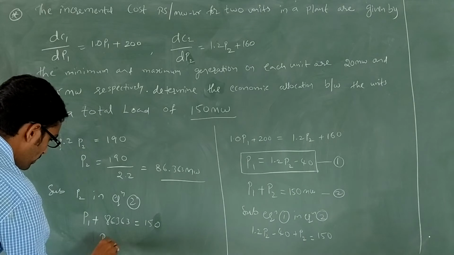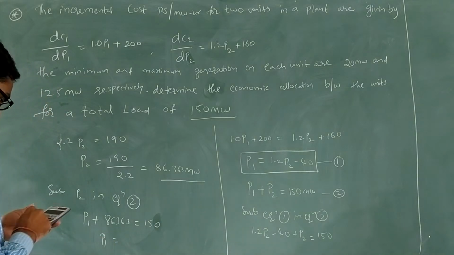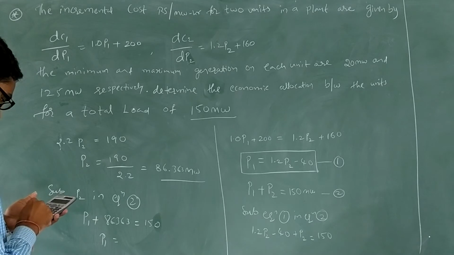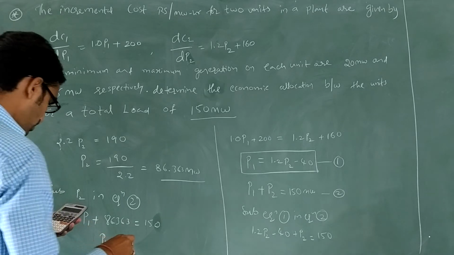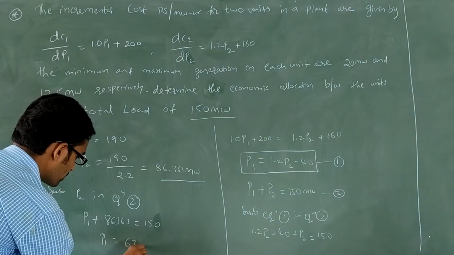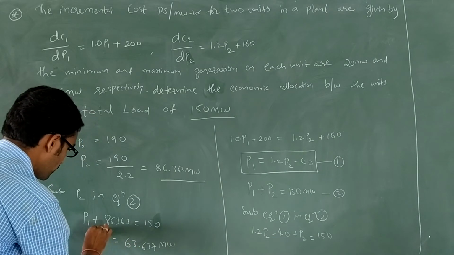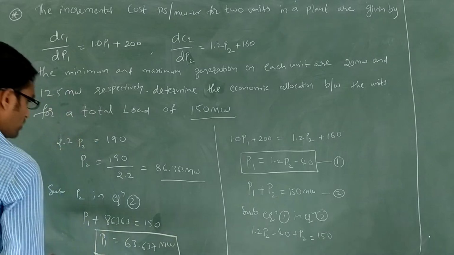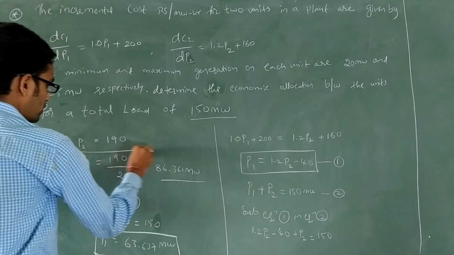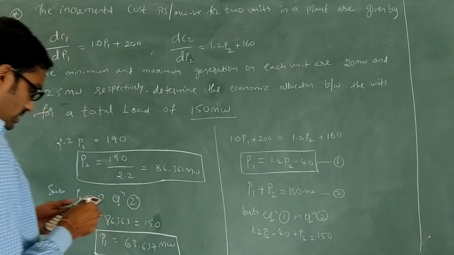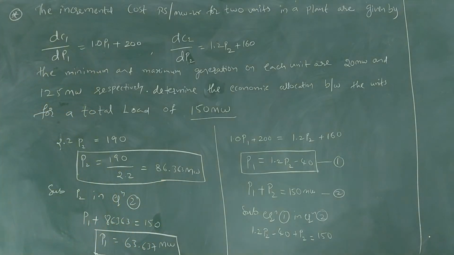Then you get the P1 value as 150 - 86.363. How much is it? 63.637. So 63.637 megawatts is P1. You have got the P2 value, 86.363, and the P1 value, 63.637.